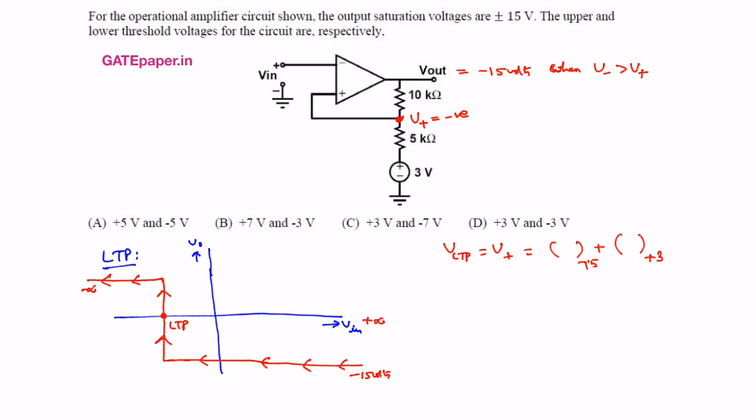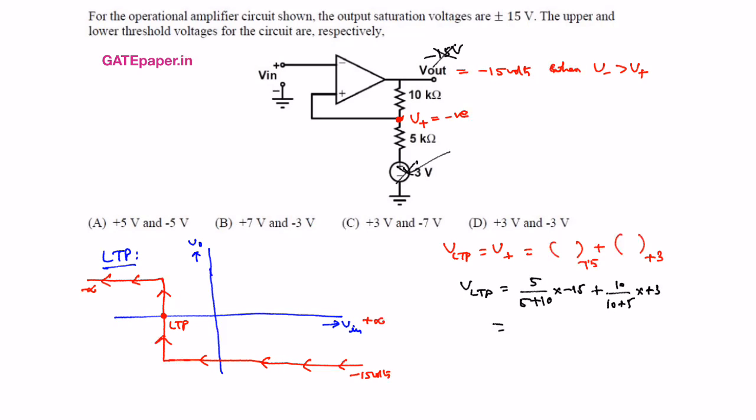When you assume minus 15, the 3 volts is grounded, then it will be 5 divided by 5 plus 10 into minus 15, plus, if you assume 3 volts, then minus 15 will be grounded, then it is 10 by 10 plus 5 into plus 3.